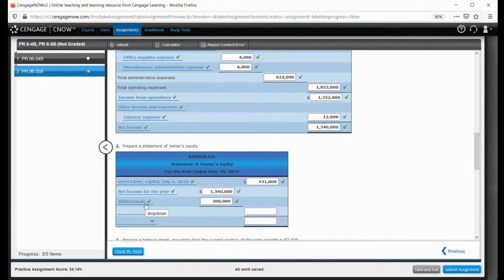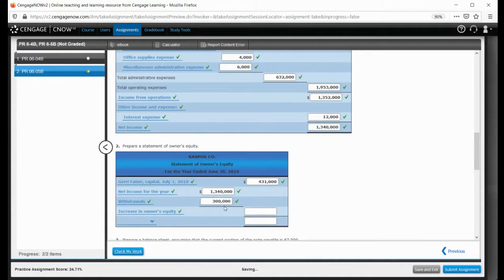The difference between my drawing or withdrawals and the net income will tell me if I have an increase or decrease in owner's equity. As you can see here, my net income was more than the owner's withdrawals, so there would be an increase in owner's equity here.